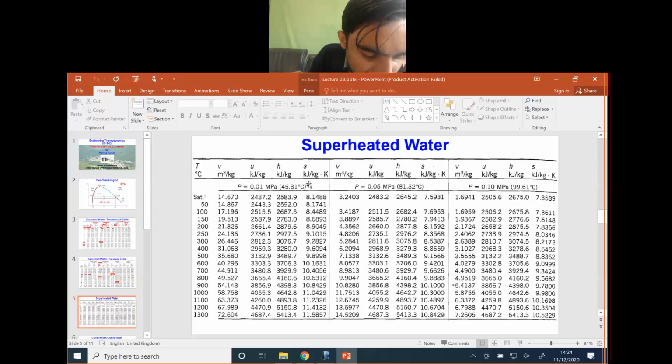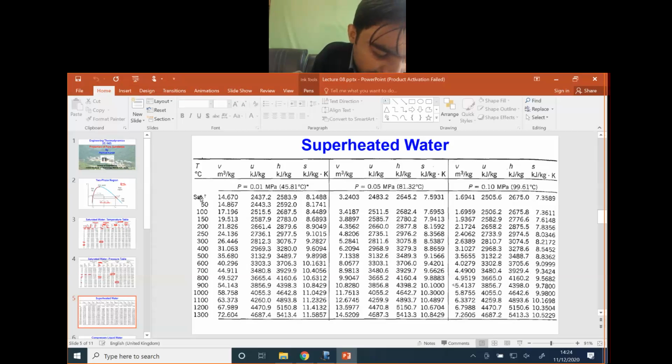Okay, and you can clearly see that the entries of temperature in our extreme left column start from 50 to 1300, and before that we have the very first entry which is written as saturation and star. So the first entry of every pressure table represents the saturation state corresponding to it. Moreover, we know that in saturation we have two states, liquid and vapor, and this particularly represents the saturation vapor state.